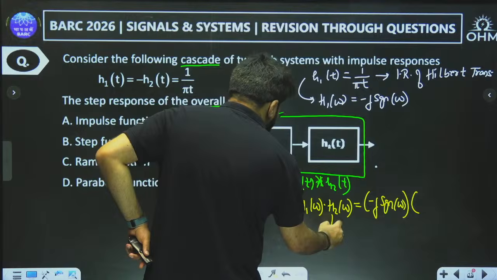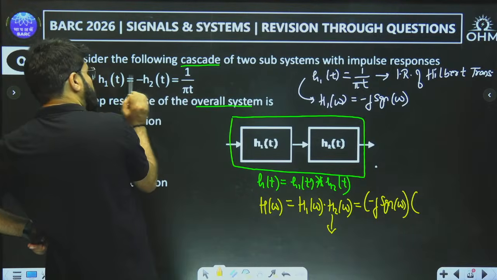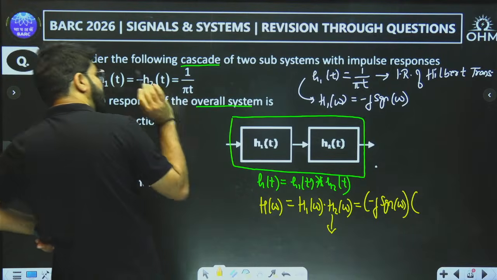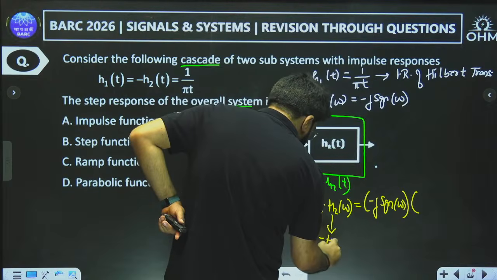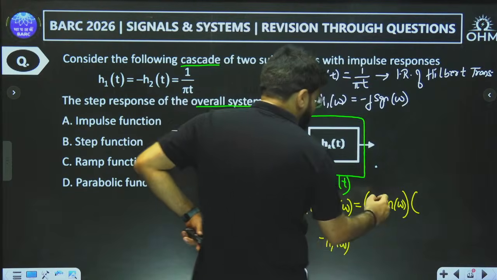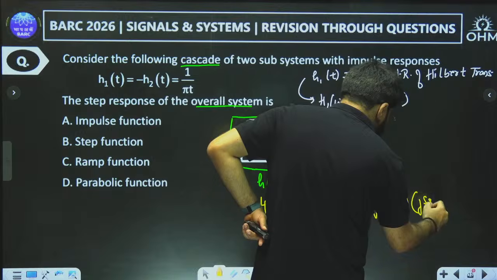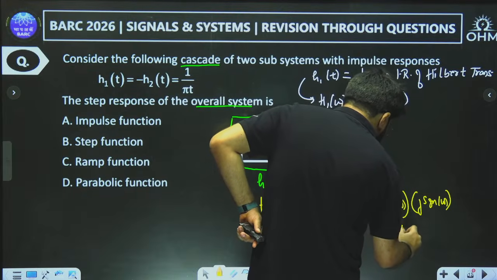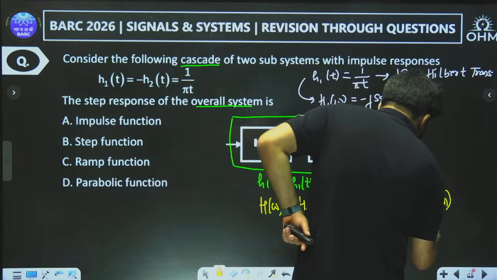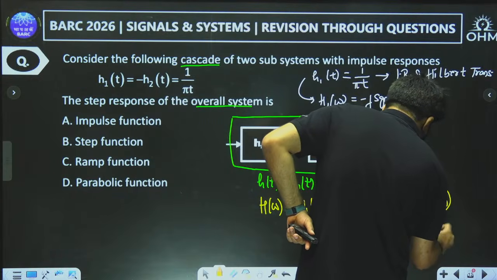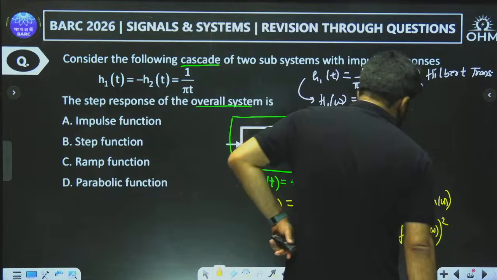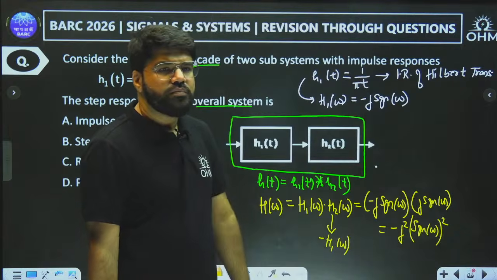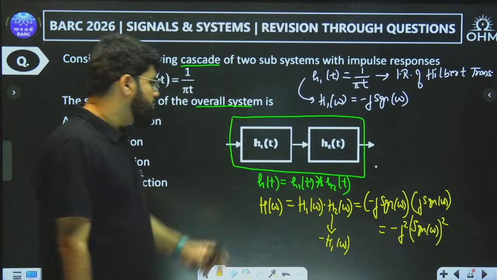What is H2 omega, by the way? h1 is minus h2, so in the frequency domain also H1 omega is minus H2 omega, or H2 omega will be minus of H1 omega. Minus of H1 omega means plus j signum omega. Now what is this? Minus of j square into, what is the square of signum omega?